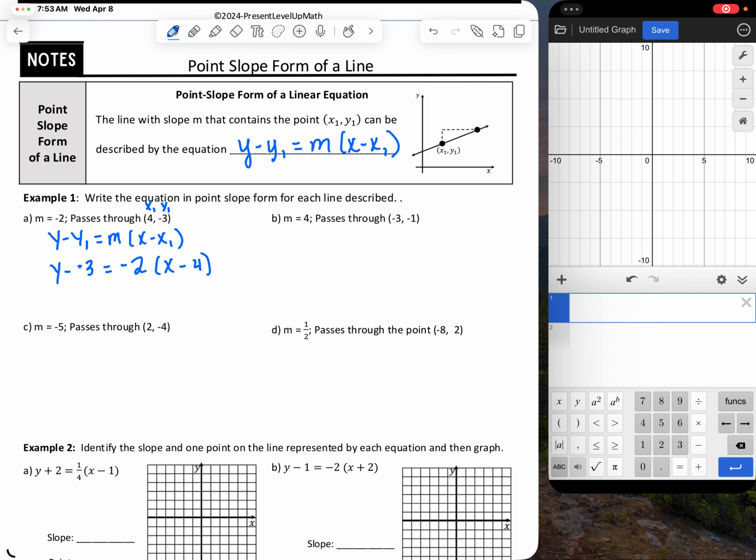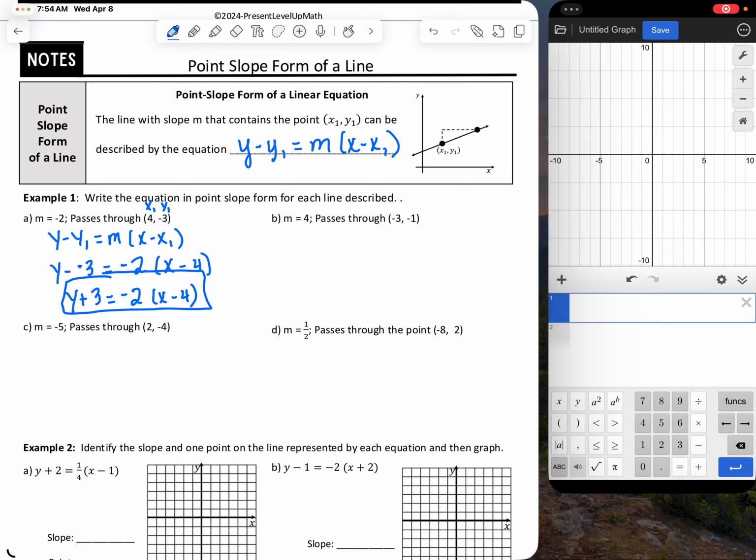So where we have a minus minus, we need to simplify that to y plus 3 equals negative 2 times the quantity x minus 4. So this would be your final answer. Now, from this equation, we can identify the slope as negative 2, and we can identify one point on the line as (4, negative 3).